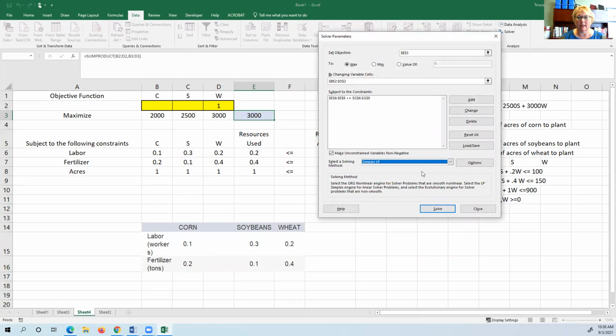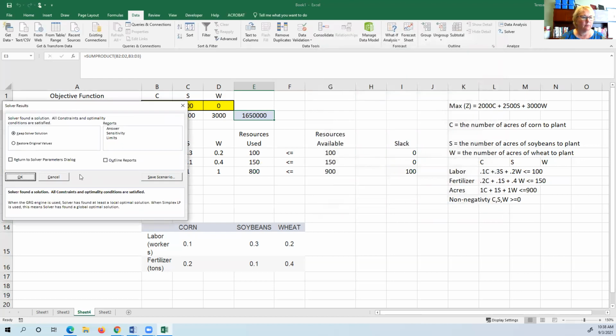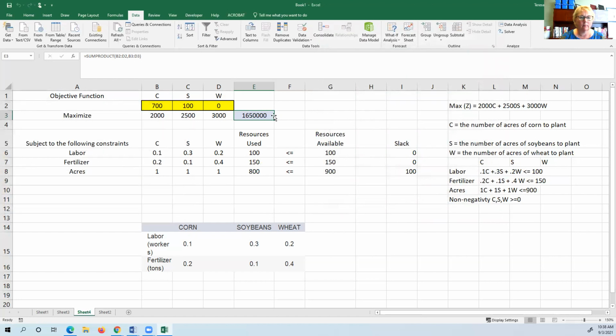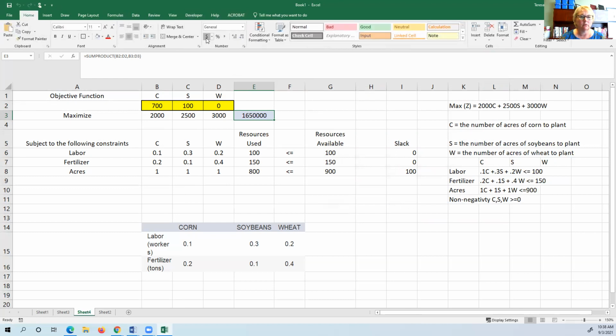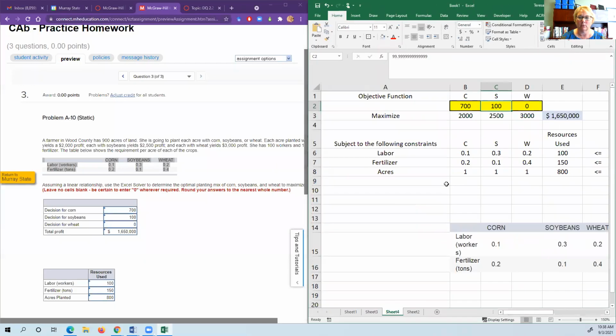I'm going to use Simplex LP, and we're going to solve. And go ahead and turn this into dollars. It tells us that our profit is 1,650,000, and plant 700 acres of corn, 100 acres of soybeans, and no wheat. Let's see how that compares with 700, 100, 0, 1,650,000, using 100 laborers, 150 tons of fertilizer, 800 acres planted.